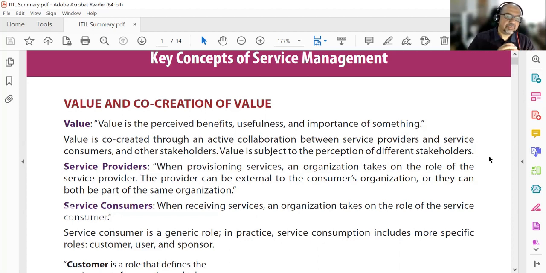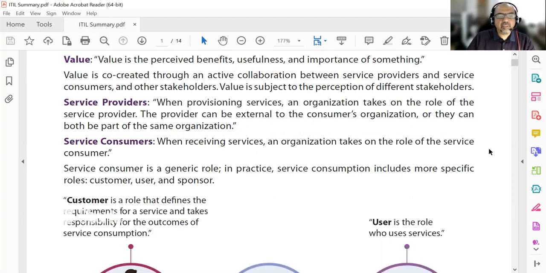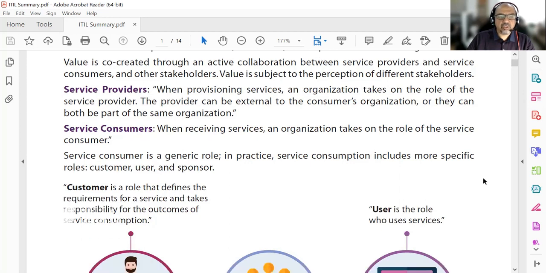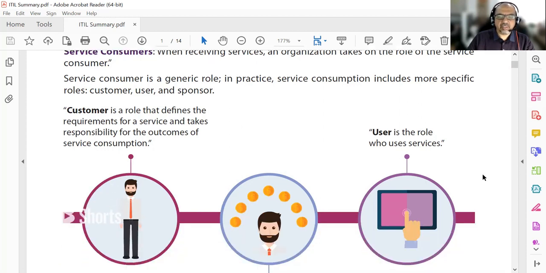On the other hand, we have the service consumer, which is another organization. By the way, organization could be just a department like HR department or marketing department. This is also an organization. So within the service consumer organization, we have three main roles here we need to understand and think about.